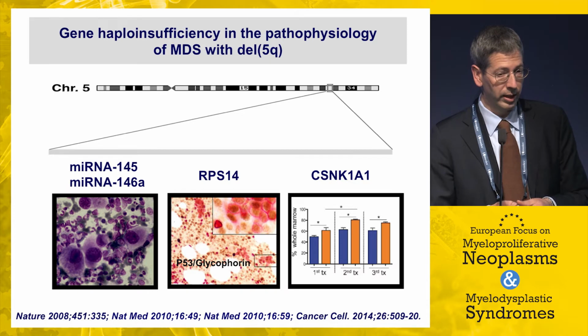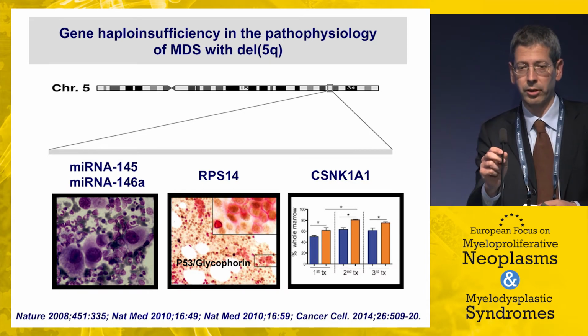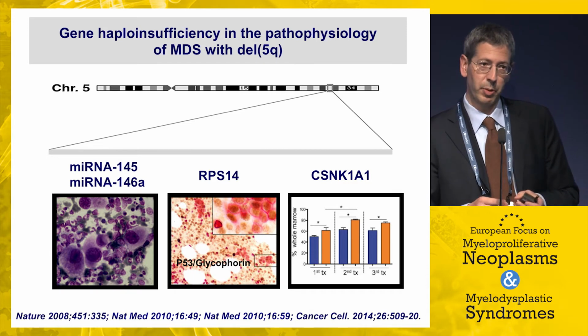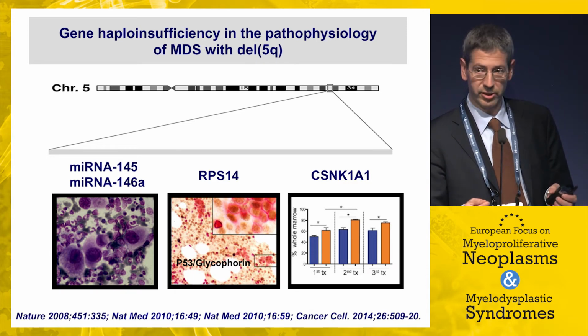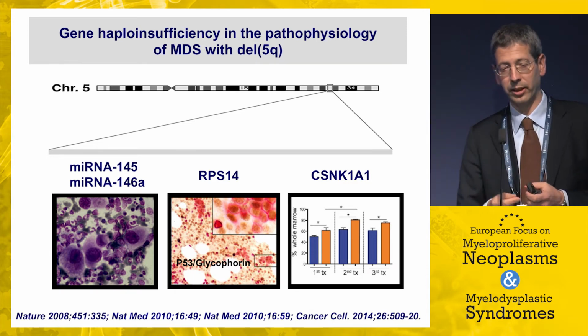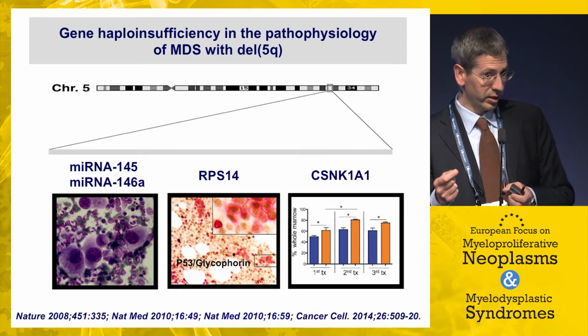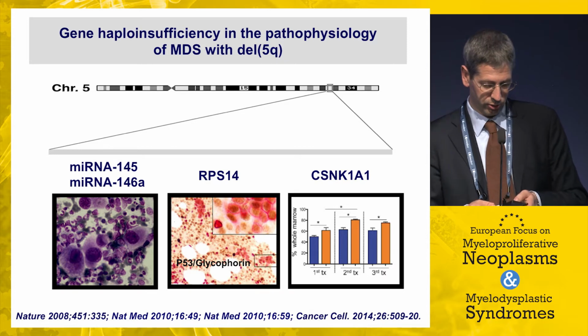In particular, the haploinsufficiency of RPS14 is responsible for the erythropoietic insufficiency, resulting in an increased expression of p53 and in an increased apoptosis of erythroid progenitors.